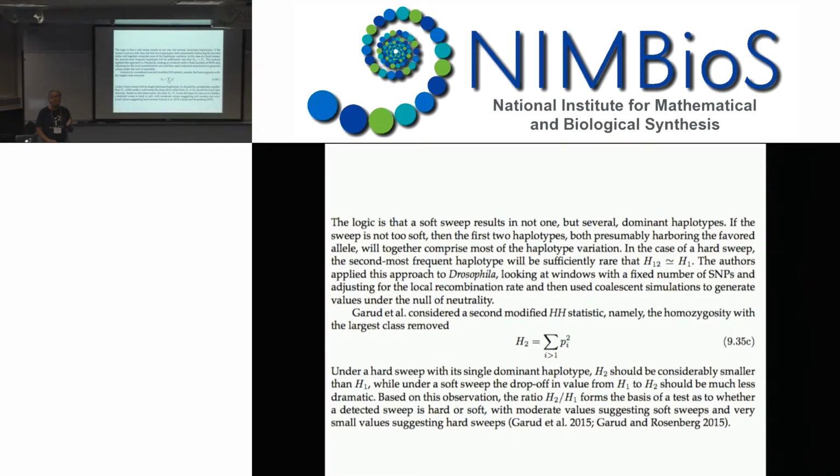That's what the H1 test does. The H12 test says take the two most common haplotypes and lump them as one, and then redo the same procedure. And ratios of H2 to H1 and H12 to H1 are tests that give you signals whether or not you have a hard sweep or a soft sweep.